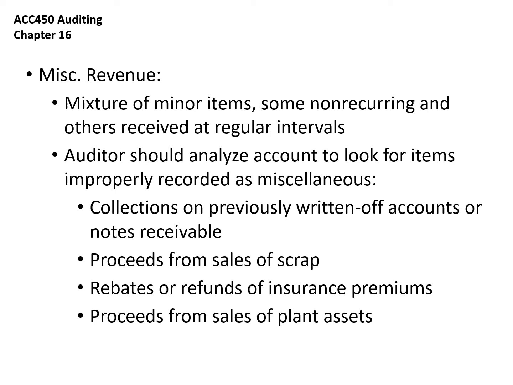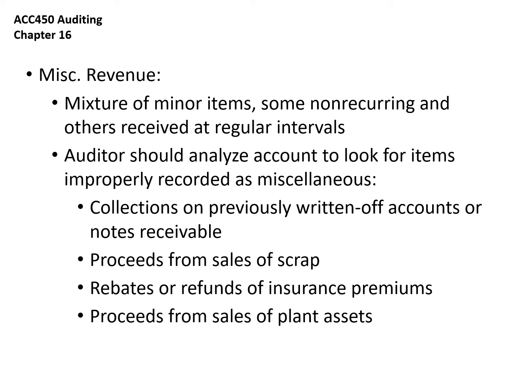Some of the places that may come from: one, a collection on a previously written off account. Well, the credit should be to build back up the allowance account. It shouldn't be to miscellaneous revenue. Sales of scrap often get recorded as miscellaneous revenue. It should get recorded as a credit to cost of goods sold. Rebates or refunds on insurance premiums should of course be an offset to insurance expense.